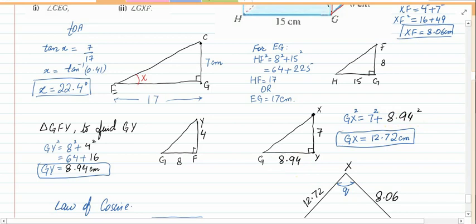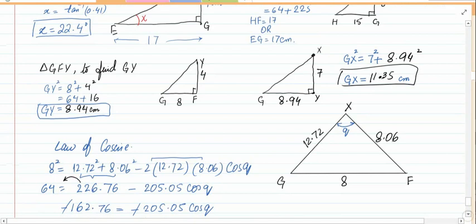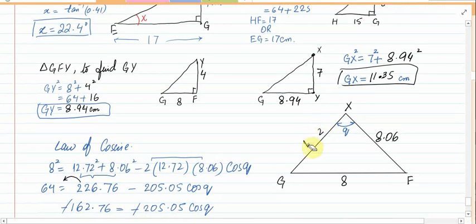So when you solve it, it will be 11.35. That is the value of GX, 11.35, right? Now the value of GX has been modified. Value of GX is 11.35.